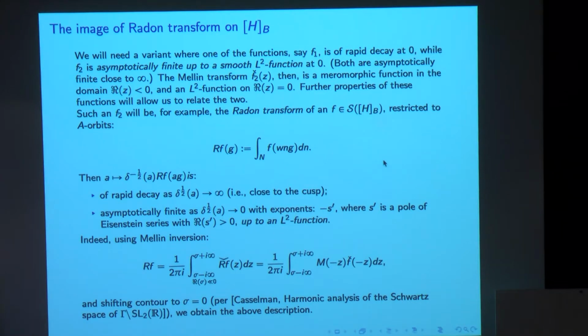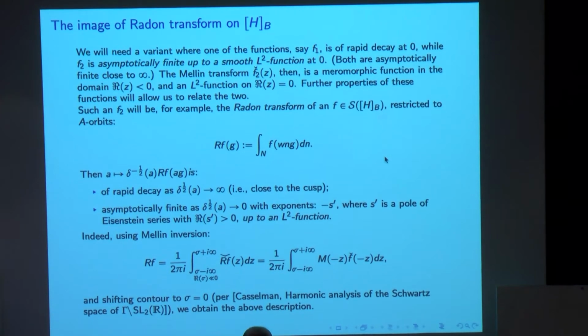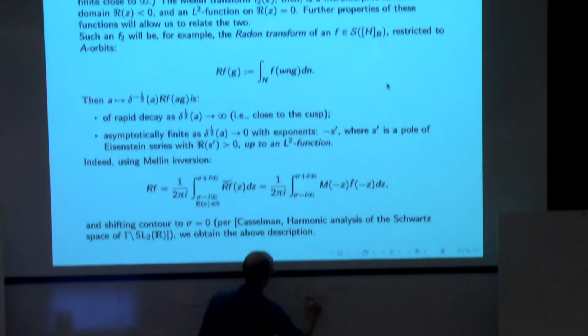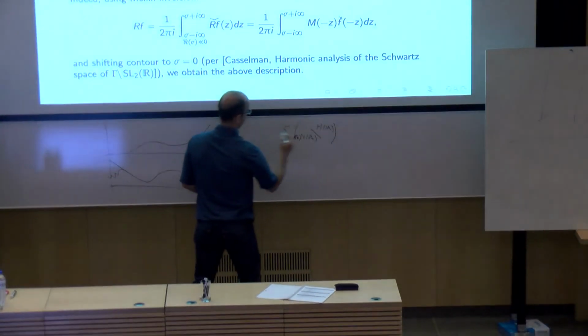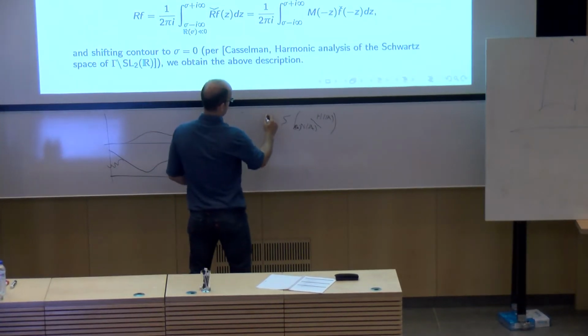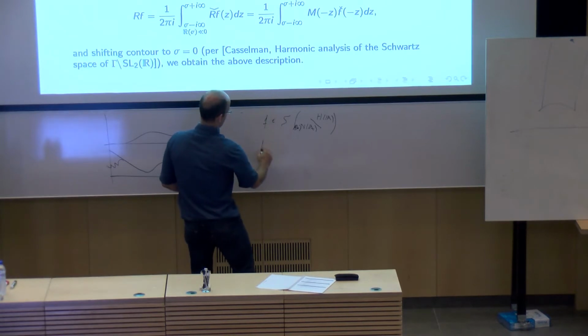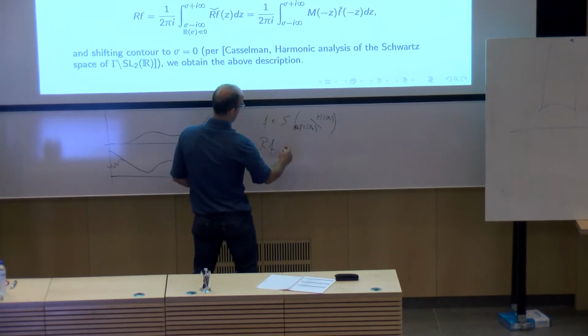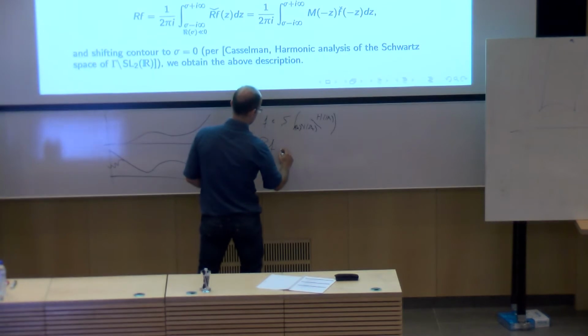Yeah, so really here, I'm sorry, preparing the slides, I kind of oversimplified. So I'm thinking here of having a function on H adeles mod n adeles, and maybe AK, and then F, and then the Radon transform of F will also be a smooth function on the same space.